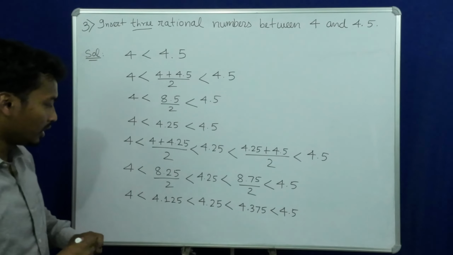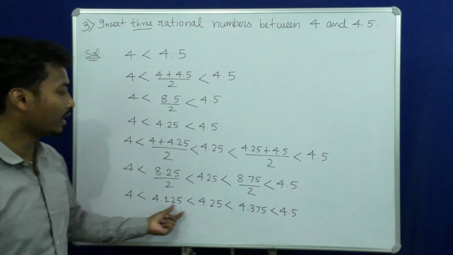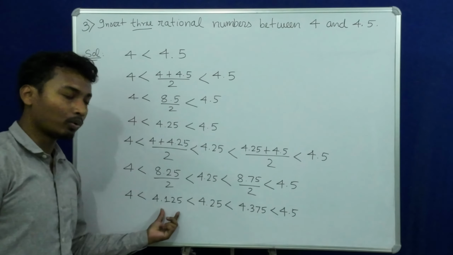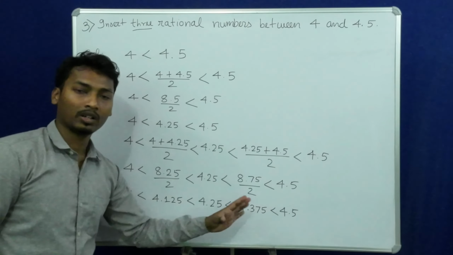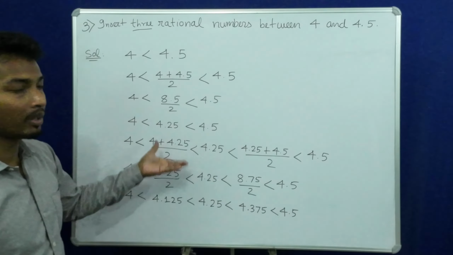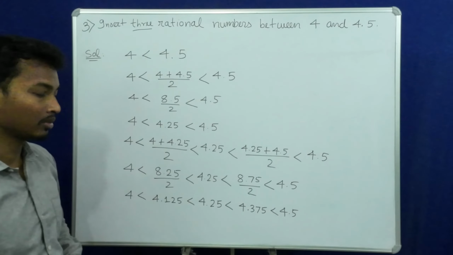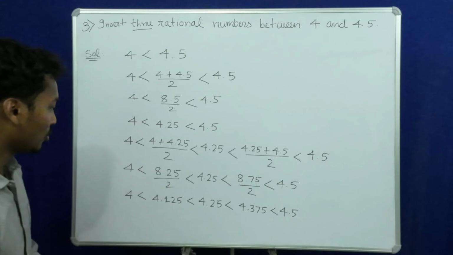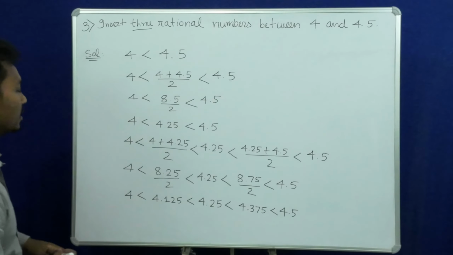So the three rational numbers between 4 and 4.5 are 4.125, 4.25 and 4.375, using the basic method of finding the rational number.